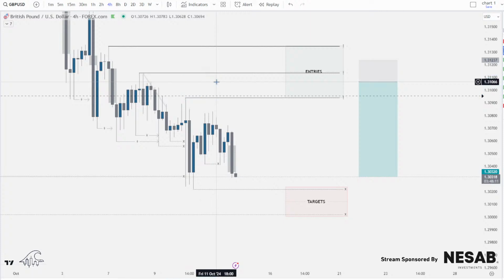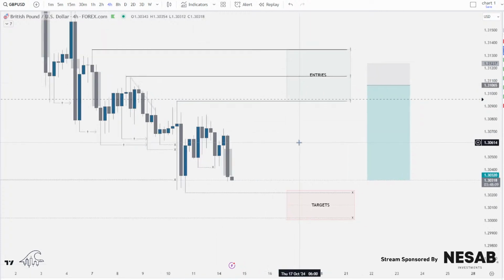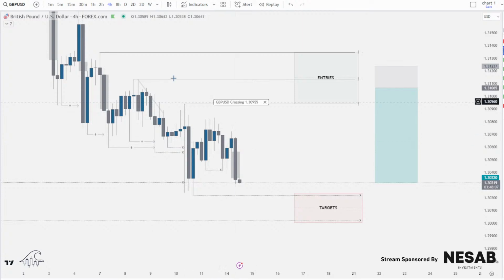Fortunately, we didn't get up into our areas of entry. We just continued going short, but that's fine. Like I say, if we're expecting a deep pullback, the probability of that is a lot less than price just continuing in the direction it's already going in.